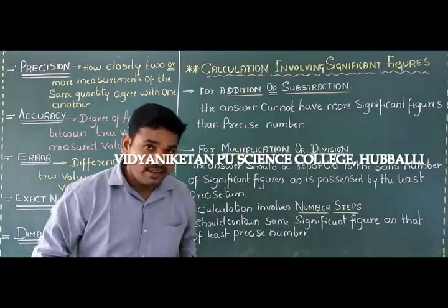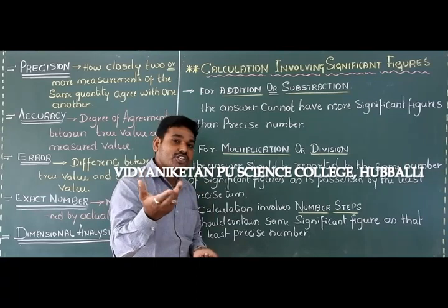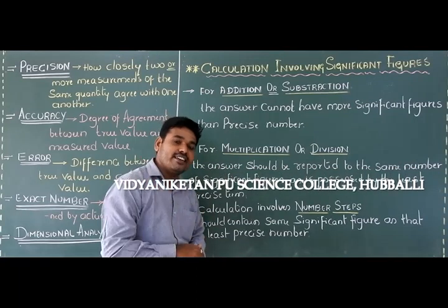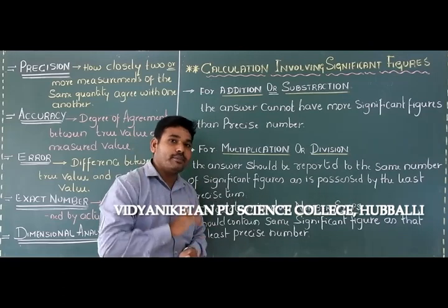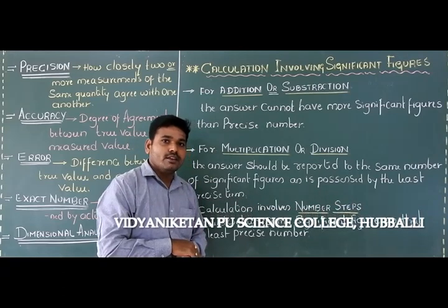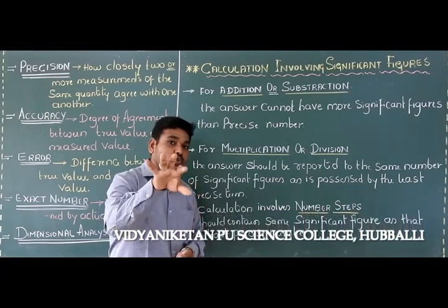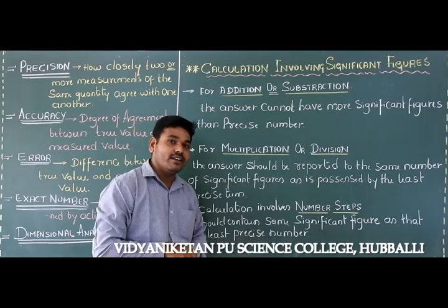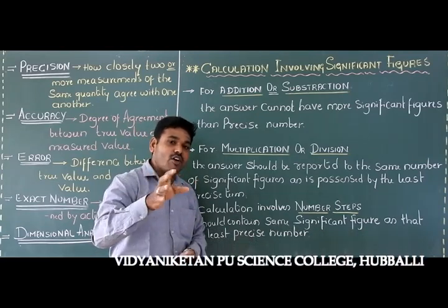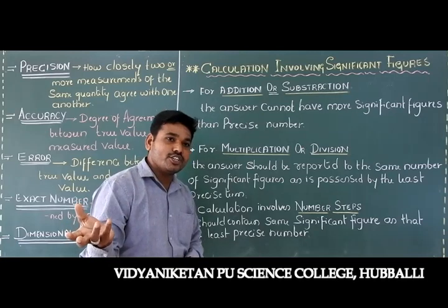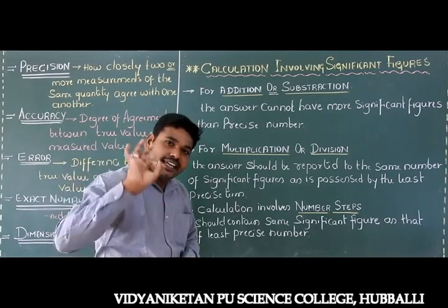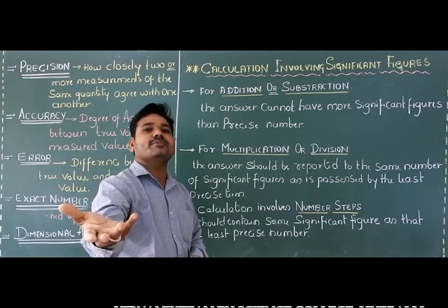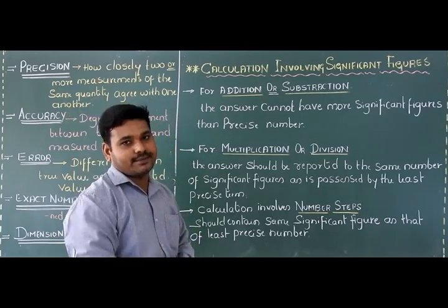And just now I gave one example: the value of acceleration due to gravity is 9.8 meter per second square. This is the theoretical value, or the true value, for acceleration due to gravity. If you calculate the acceleration due to gravity and you get the exact answer 9.8, it is accurate, or we call it accuracy.